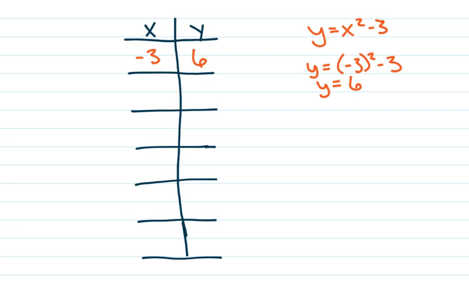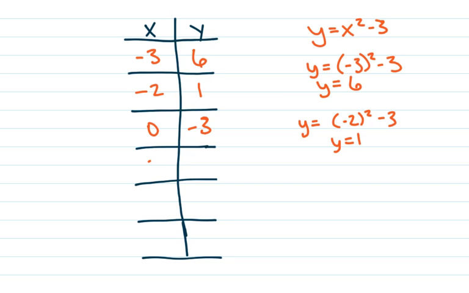And what I'm going to do is just repeat that process multiple times. With a -2, -2 squared minus 3, y is going to equal 1, and I think you're starting to get the trend here. If you plug in 0, you're going to get -3, and again, you could work through each one of these by hand.